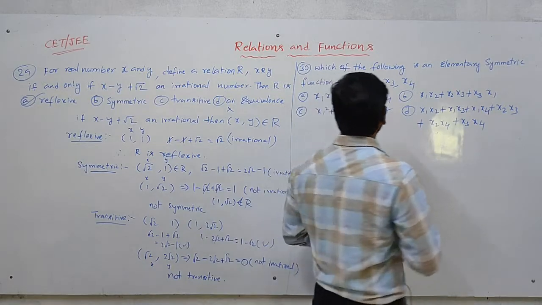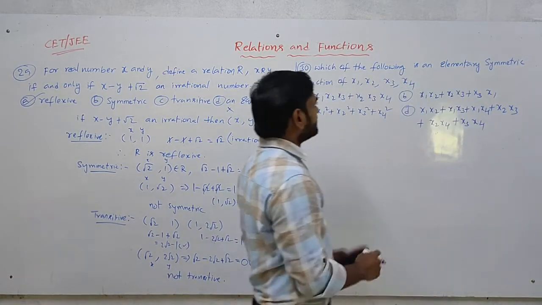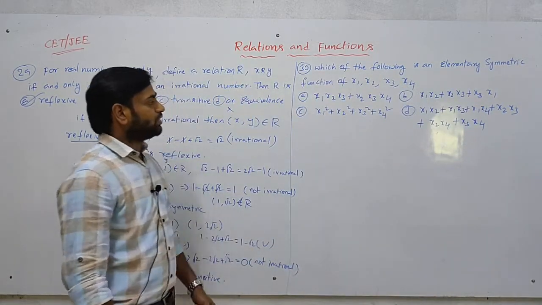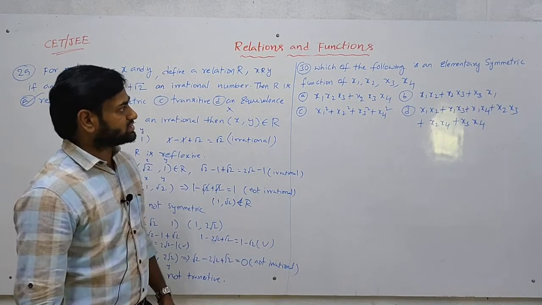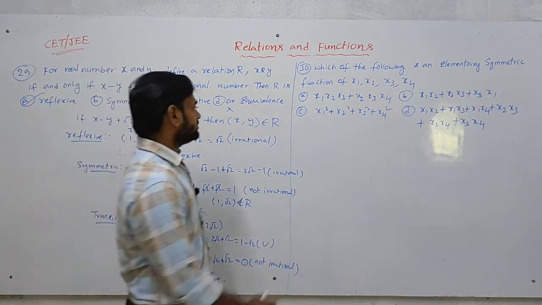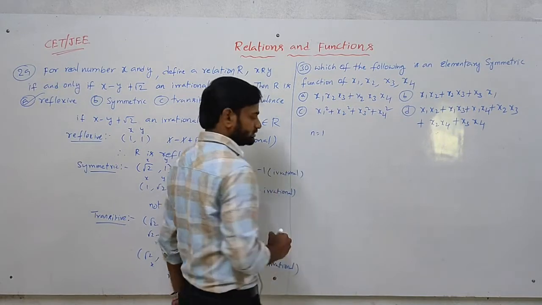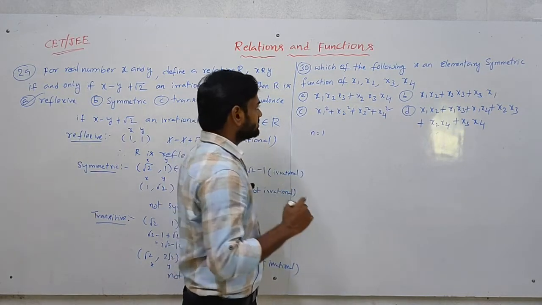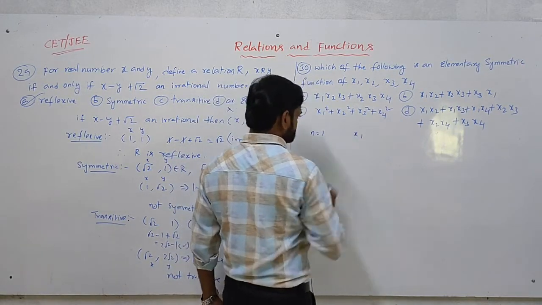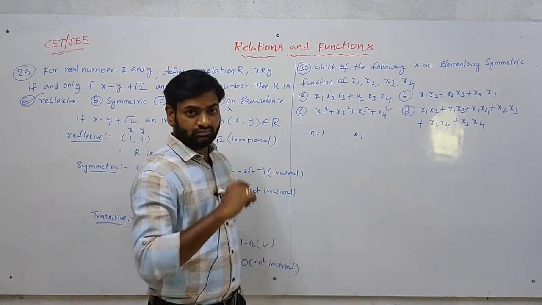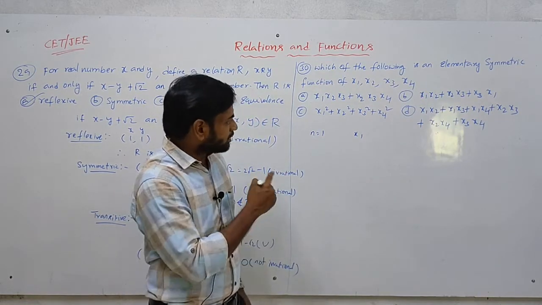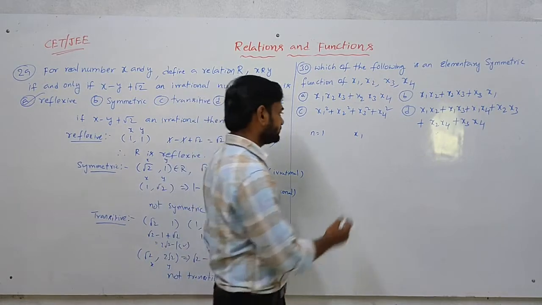Next, come to this one. Which of the following is an elementary symmetric function of x1, x2, x3, x4? See here, suppose n value is 1. One function I will take, that is x1. How many symmetric functions can you form using x1? Only one, that is x1 only.